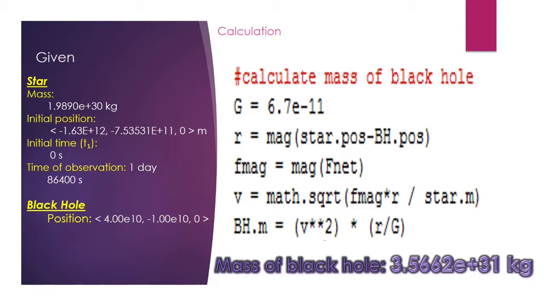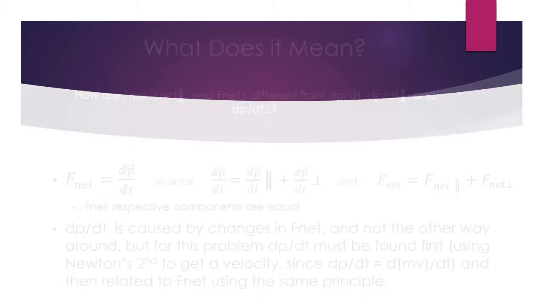So knowing that G is equal to 6.7 e to the negative 11, and that the distance between the two can be found by taking the magnitude of basically the star's position minus the black hole's position, we can just rearrange Newton's law of gravitation to solve for the mass of the black hole. From running this code, I found the mass to be 3.5662 e to 31 kilograms.